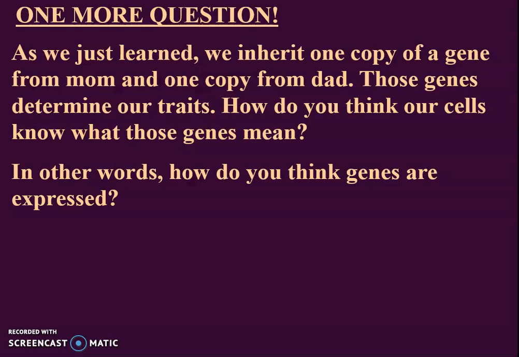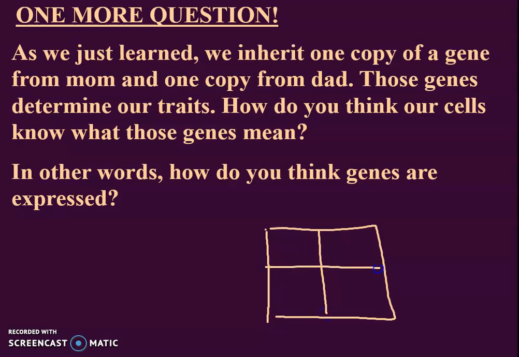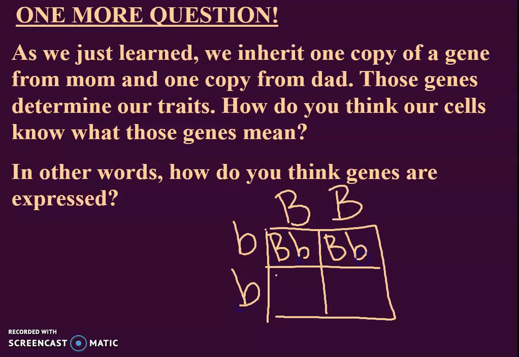So for example, if we're doing a Punnett square and we say that mom has brown eyes and dad has blue eyes, and we do a little Punnett square, we can see that all of the offspring would have brown eyes if brown is dominant.